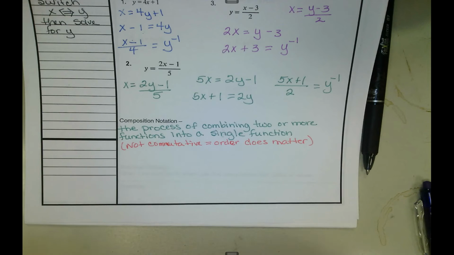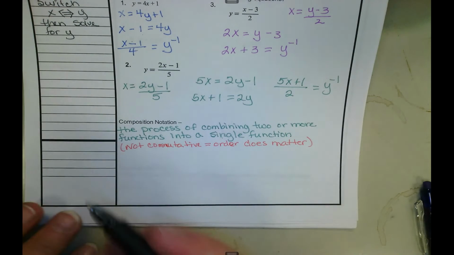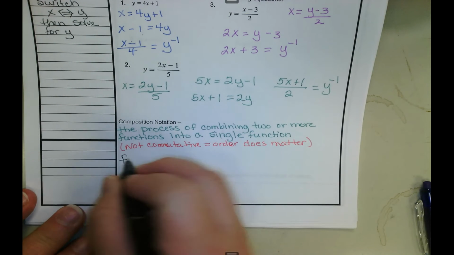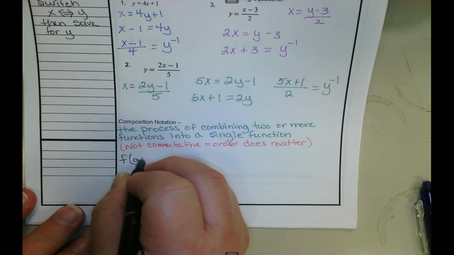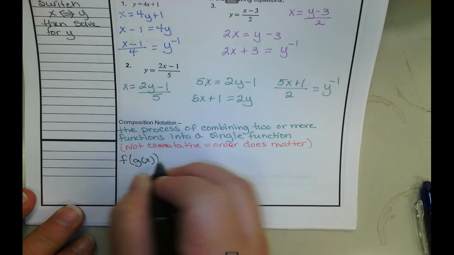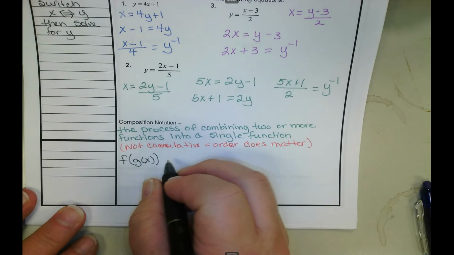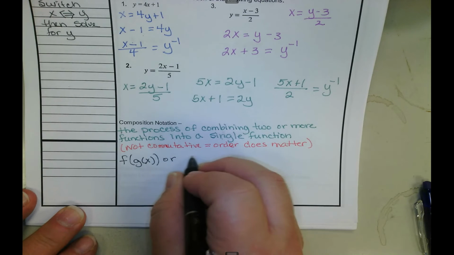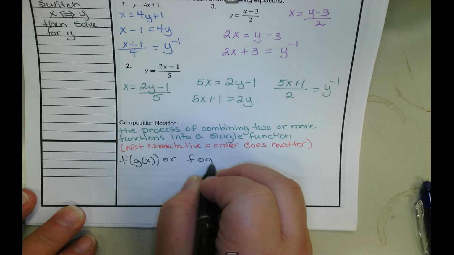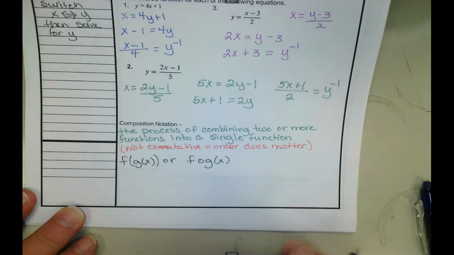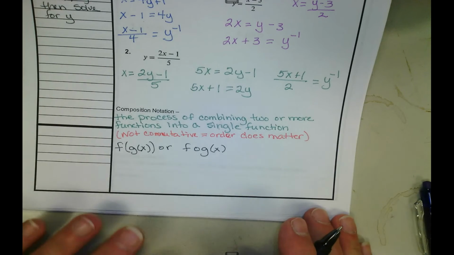Okay, so if we're looking at this, the function f composed with the function g, which has been evaluated at x, can also be written, I call it f of g of x, function f composed with g of x.